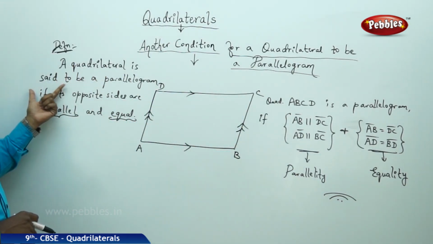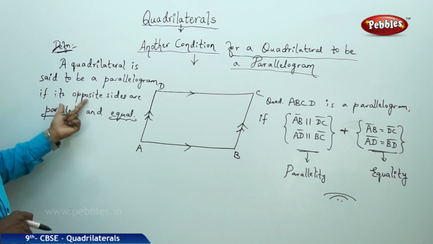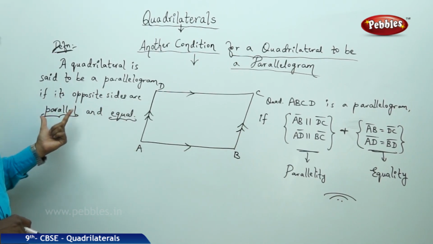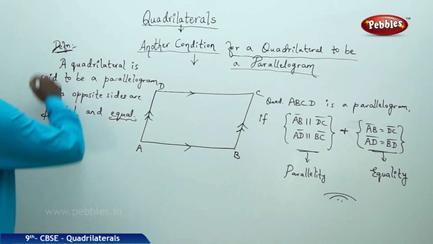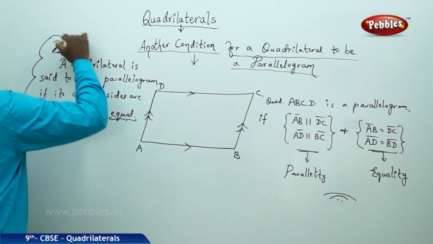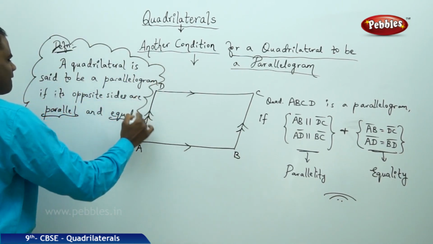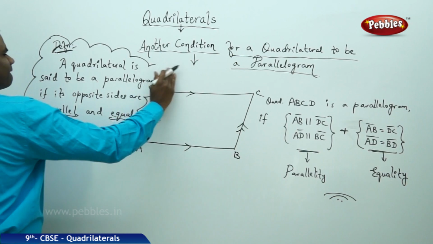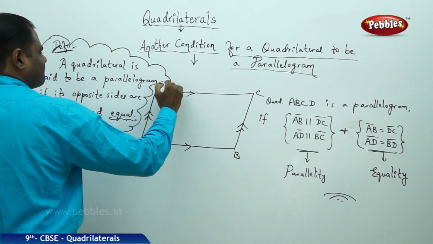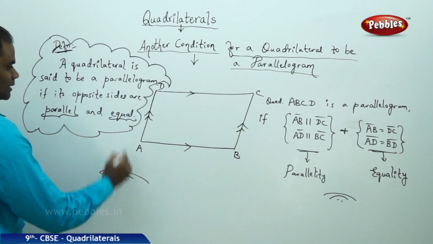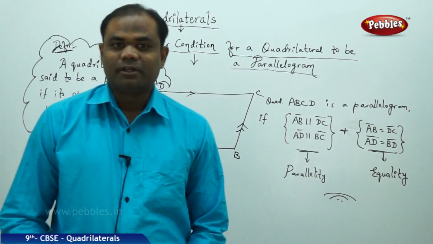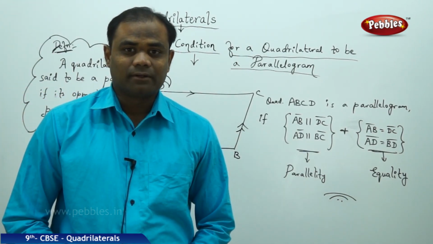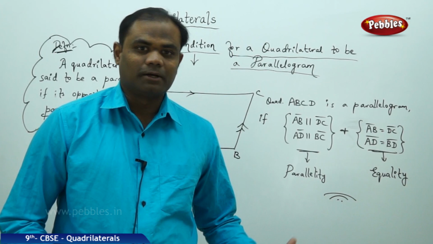The quadrilateral is said to be a parallelogram if its opposite sides are parallel and equal. That's how we understand the definition for a quadrilateral reducing to a parallelogram.